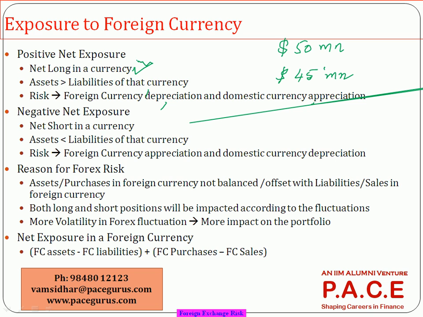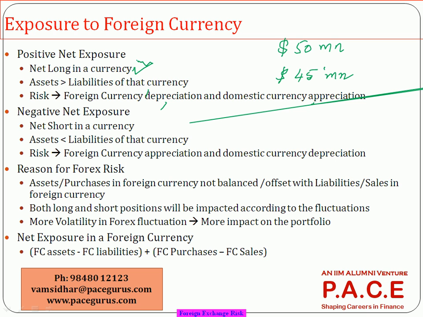So first thing we have to understand is for each of the foreign currencies, the way I have to look at the foreign exchange risk is, for each of the foreign currencies, am I net long on it or net short on it? Right? Net long means probably foreign currency appreciation is more beneficial to me, domestic currency depreciation is more beneficial to me.